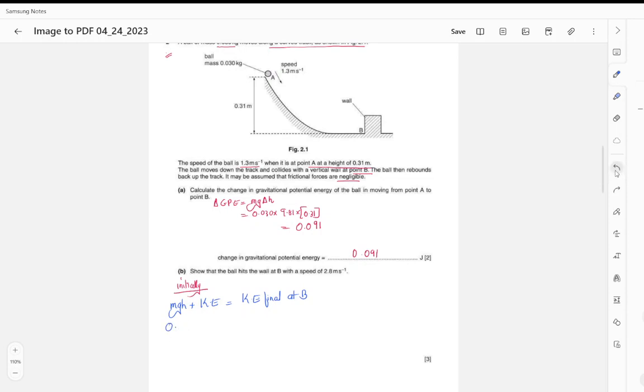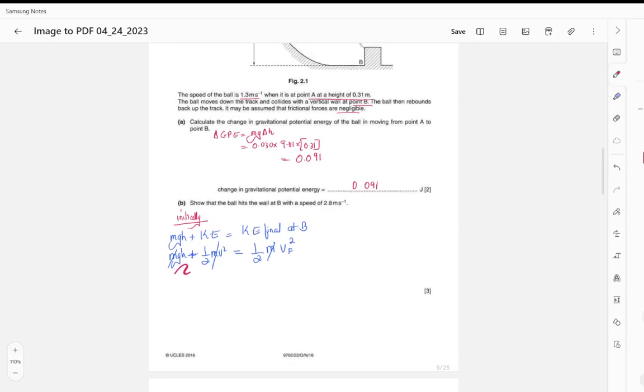Wait a minute, there is something that I can still do. We can get rid of m overall. So this would be mgh plus half m v squared, equal to half m v final squared. We can see that we can get rid of m completely. We don't need m.